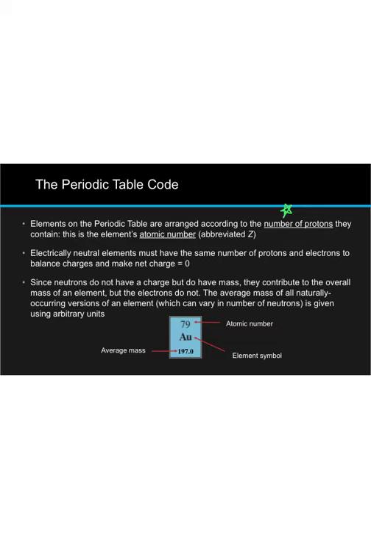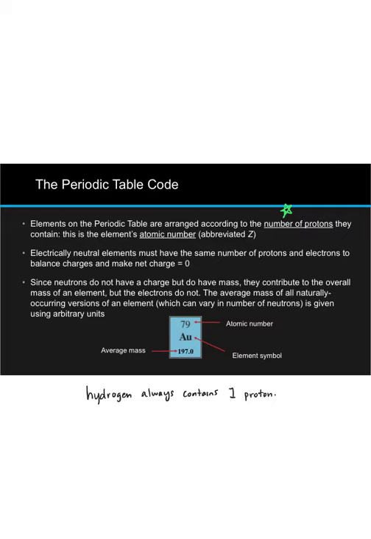Therefore, we can always look to the periodic table and find the atomic number associated with an element to identify how many protons that element's atoms contain. Anytime we vary the number of protons, we fundamentally change the identity of an element. For example, hydrogen, because it's atomic number 1, always has a nucleus that contains 1 proton.